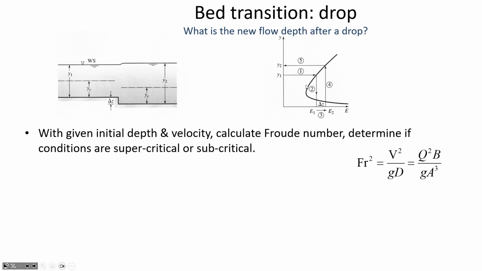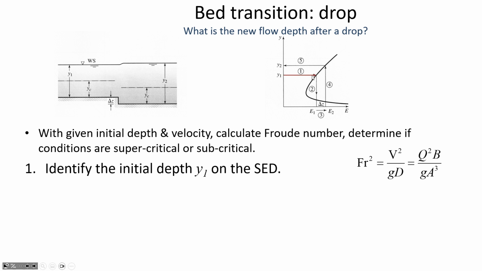So here's a specific energy diagram, and let me walk you through the process of how we analyze what the new depth is going to be. Our original depth was associated with E1. So Y1 was the original upstream depth. And so see this brown arrow that's coming over here?